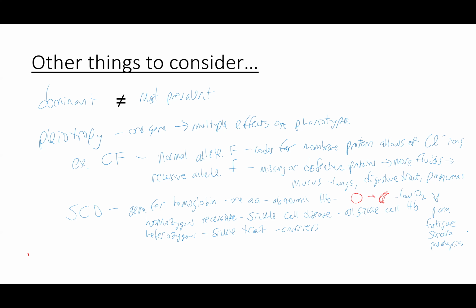The other interesting thing about this is individuals who are heterozygous actually have a resistance to malaria. So malaria is a blood parasite, and so it doesn't populate sickle cells.